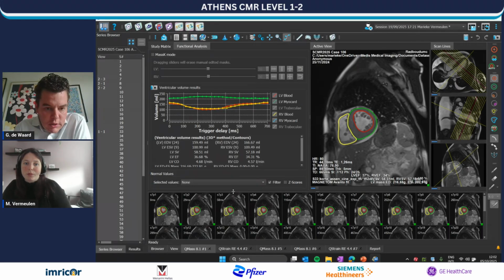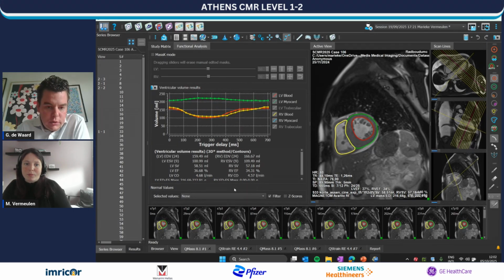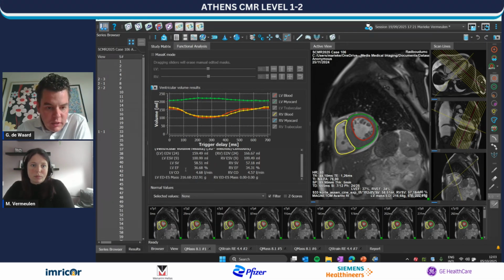Yep, so we'll notice that the LV is quite severely reduced, a moderate systolic dysfunction with an LVEF of 37 at this point. The mass is increased, of course, as you will get concentric hypertrophy due to all the amyloid depositions, which will cause the LV mass to be increased.